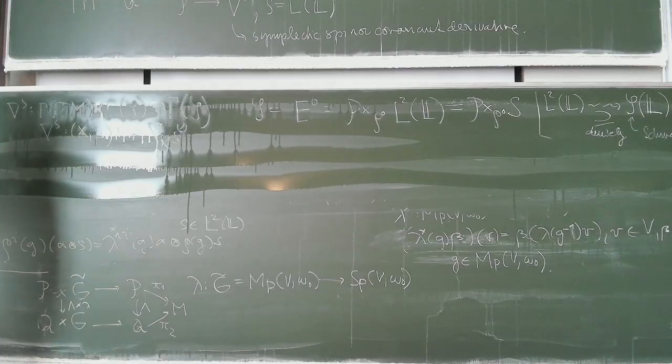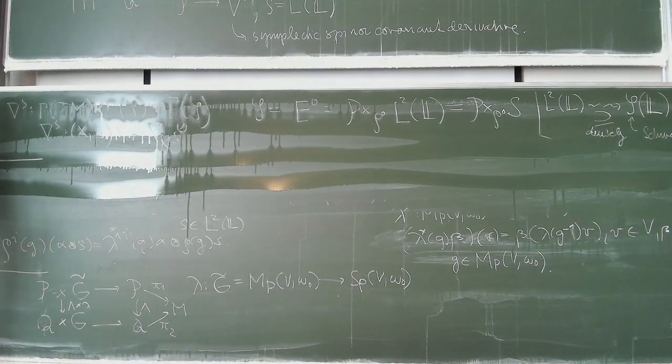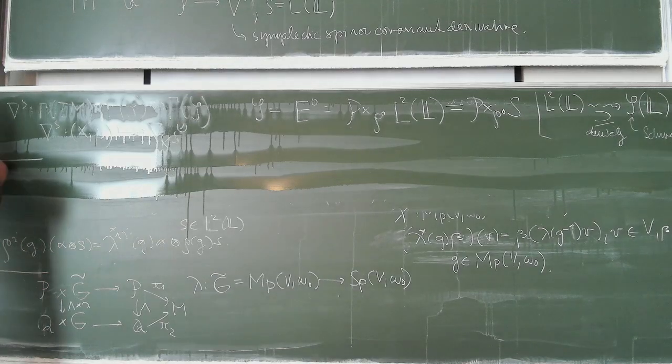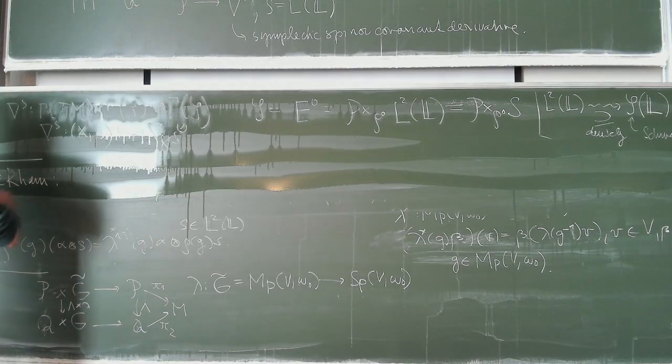And now, how can we form a complex? Maybe in order that it is not so wild, let us go back to the Dirac complex as an example.